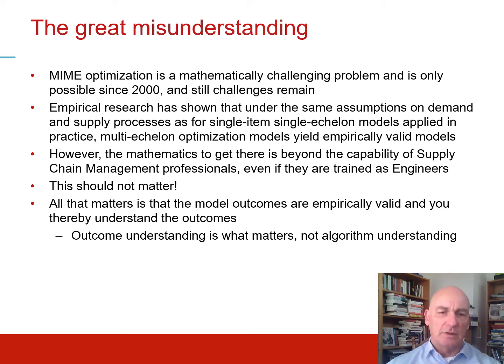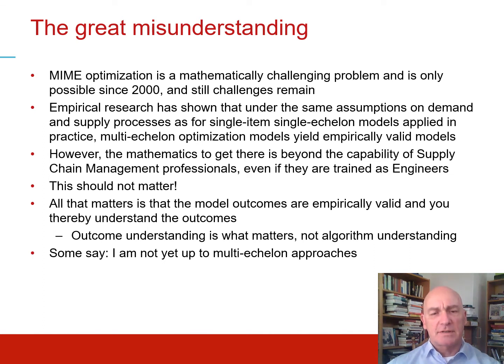Could be that they do not immediately make sense, and that's part of other presentations that I made available, that indeed multi-echelon starts showing you some results that are maybe not immediately logical to you, but still you can verify. If needed, you can be trained to start understanding what's going on. So the only thing that matters is outcome understanding.